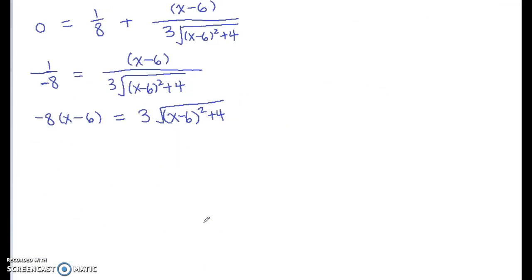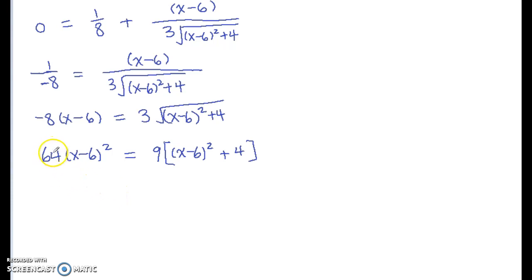So now we square both sides. We get 64 (x minus 6) squared equals 9 times ((x minus 6) squared plus 4), where 9 is multiplied from the outside.